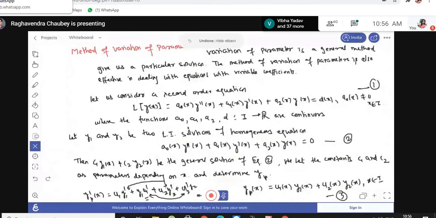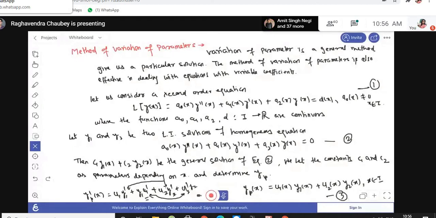Here yp equals this expression, where these are functions of x. So you can write this particular integral by equation number 3. If you differentiate equation number 3, you get yp prime x equal to this, by using the product rule.